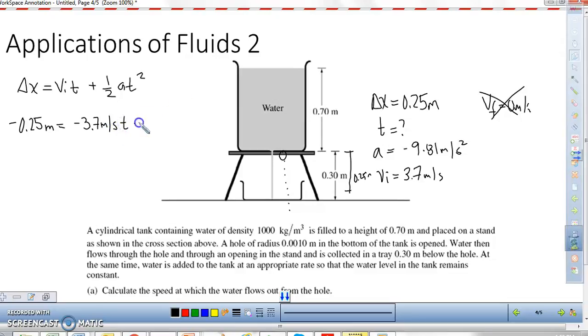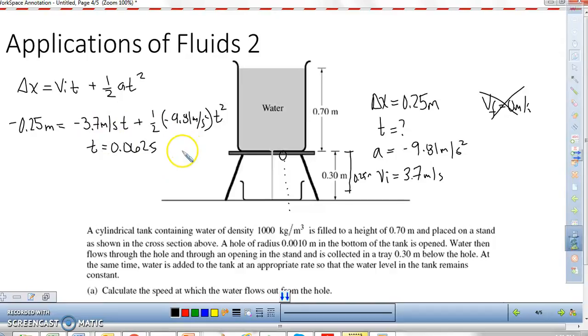T is what we're solving for, plus 1/2 times negative 9.81 times T squared. So that's one way to solve it. When you do, you get 0.062 seconds.